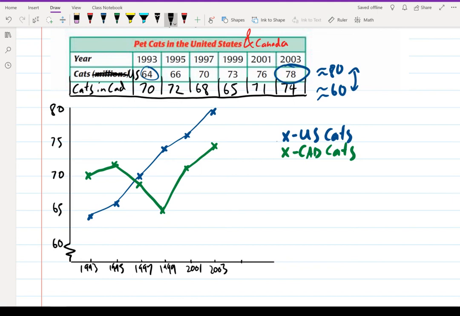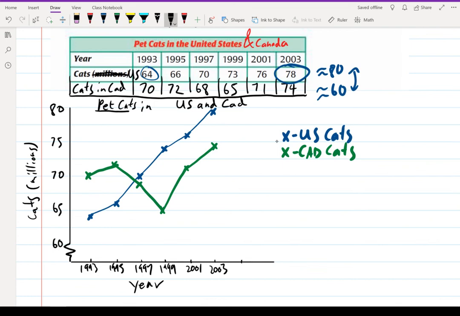Last thing I need to do, which is also very important, is you need to write the label. This is cats in millions, and then at the bottom here we have year, and at the top it is the title, pet cats in the US and Canada, CAD for short.